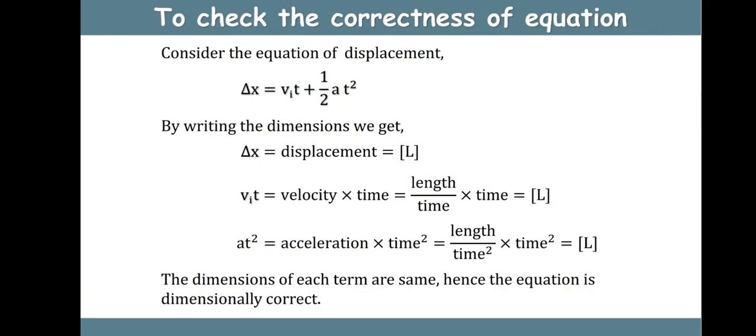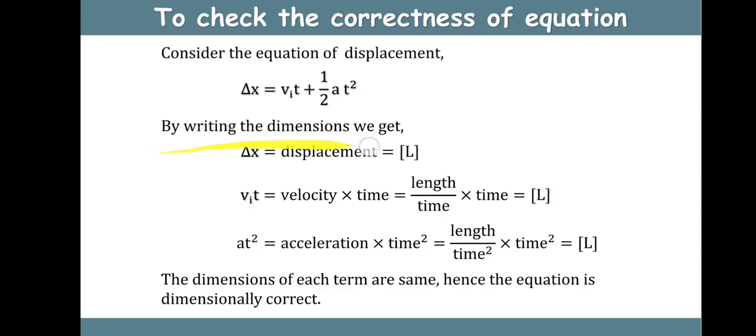To check the correctness of an equation, let us take one example, which is the equation of displacement. Delta x is equal to v_i t plus half a t square. Delta x is the displacement, v_i is the initial velocity, t is the time, and in half a t square, a is the acceleration and t is again time.